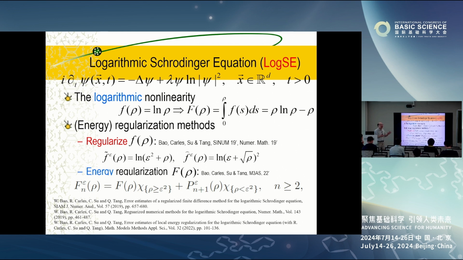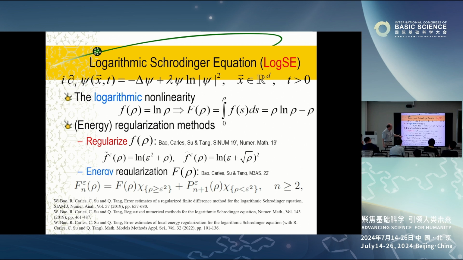Well, later we find that instead of regularizing this nonlinear f directly, a better way is to regularize the energy function capital F(rho), which is given here. You can say this one, when rho goes to 0, goes to minus infinity, not good. But this capital F(rho), when rho goes to 0, becomes 0. Then the capital F continues up to rho equals 0.